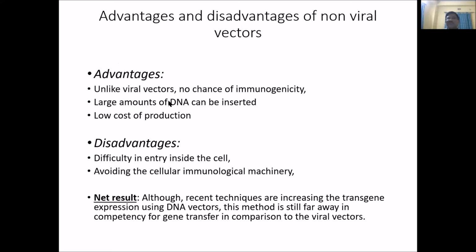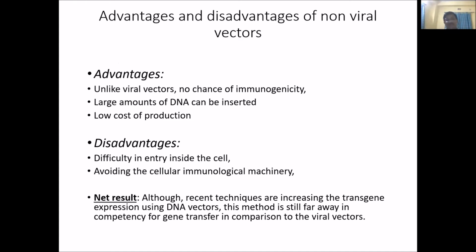The simple advantage is that as they do not contain any viral part, in direct transfer the chance of immunogenicity is very low. And as there is no limitation on the size of insertion, unlike the viral genome, large amounts of DNA can be directly inserted. And as you do not need any virus engineering as with viral vectors, the cost of production is also low.